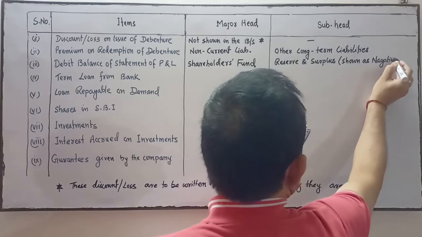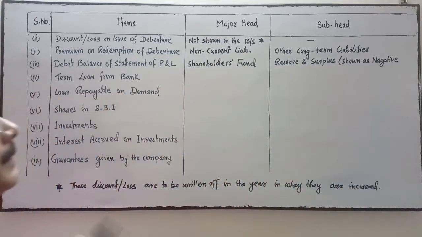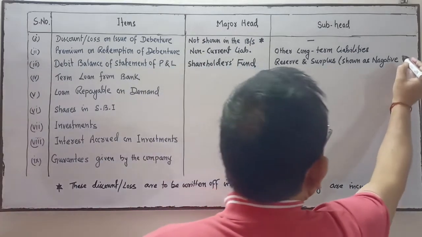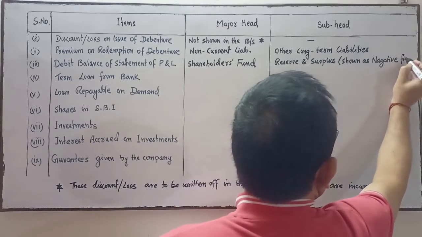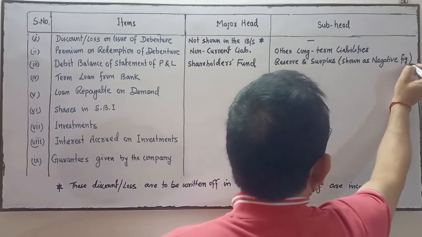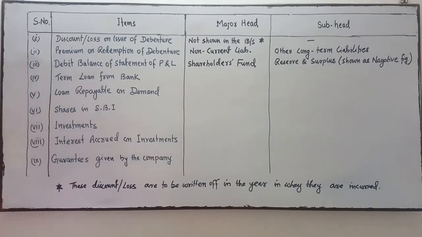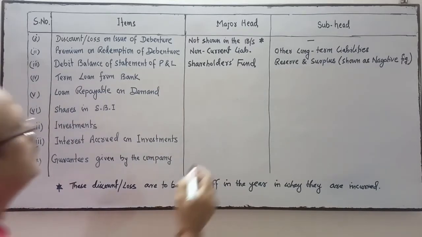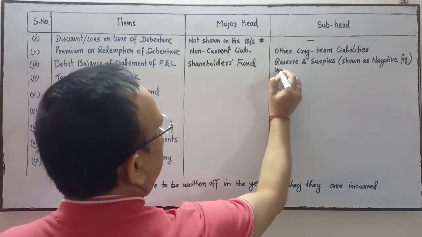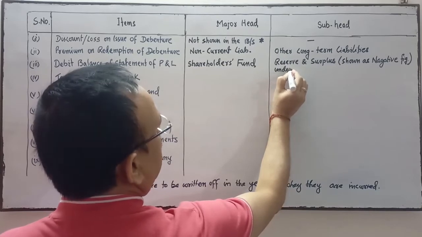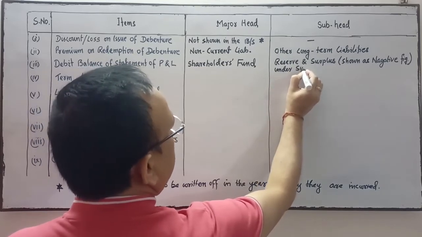Shown as negative means within the bracket. Shown as a negative figure under reserve and surplus. Is it clear?